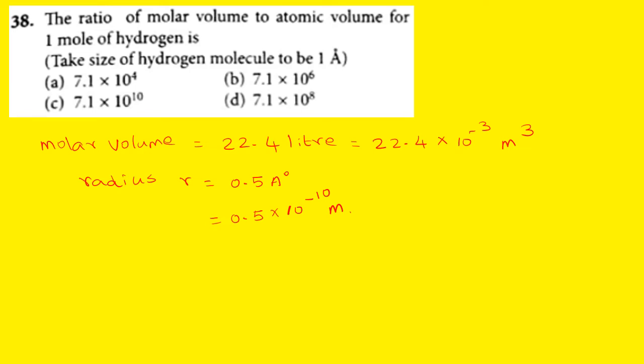Now atomic volume formula, because we need to find the ratio of both. So atomic volume is given by 4 by 3 pi r cube multiplied by Na.